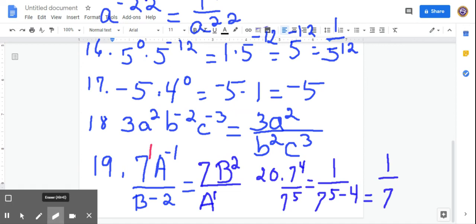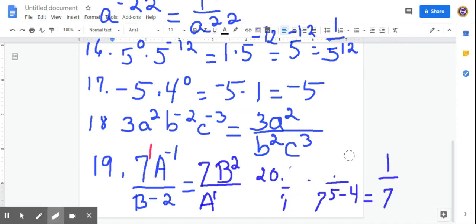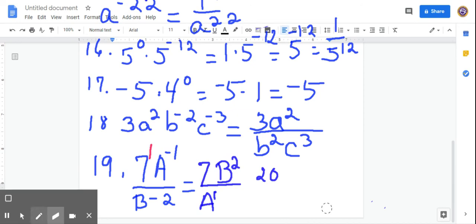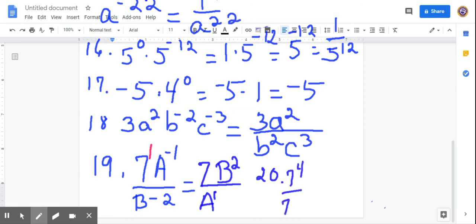You could have also said to yourself, all right, I'm dividing. So when I divide, I subtract exponents. So you had 7 to the 4th power divided by 7 to the 5th power. So you can take that 7, keep the base, subtract the exponents.